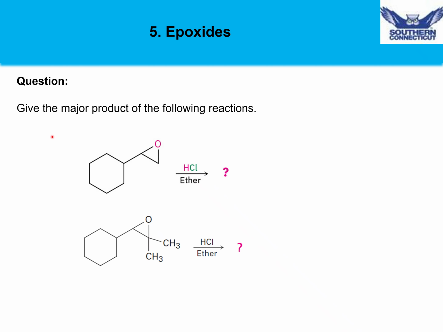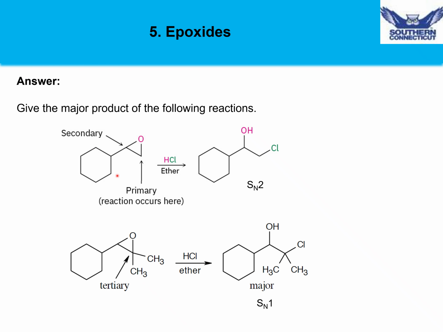In this question, we're going to look at two examples of an epoxide ring opening with hydrogen halide, HCl to be exact. We have an example here that has a primary and a secondary carbon. In the second example, we have an epoxide that has a secondary carbon and a tertiary carbon attached to the epoxide.